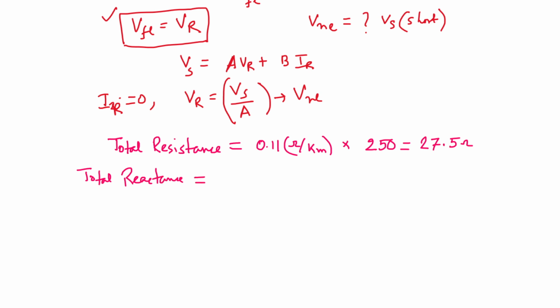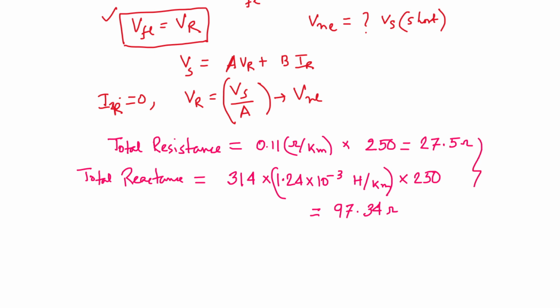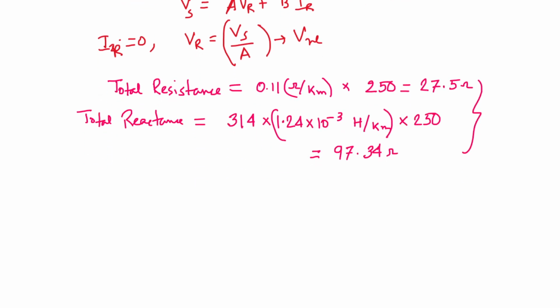Again it will be 314 into L. L is 1.24 millihenry per kilometer, into 250, and that is coming out to be 97.34 ohm. So now with these two we can have total impedance.